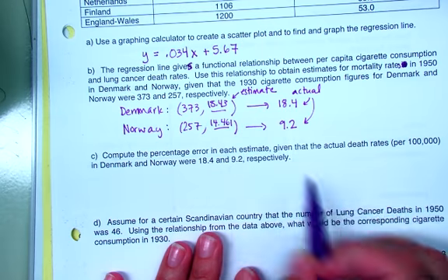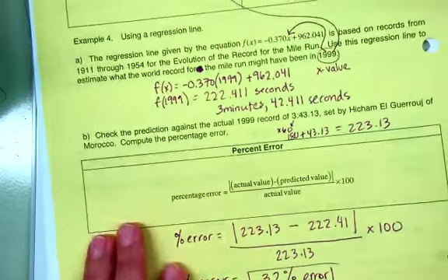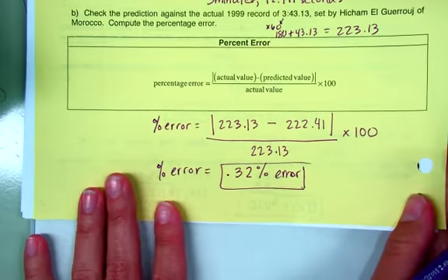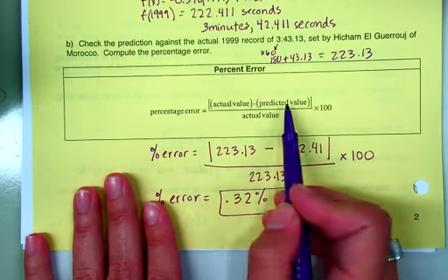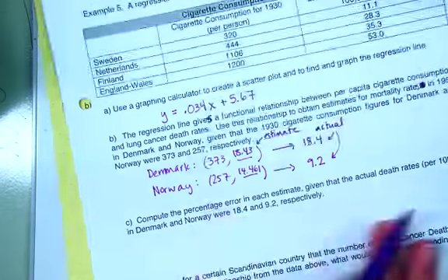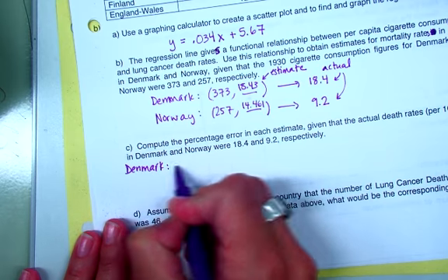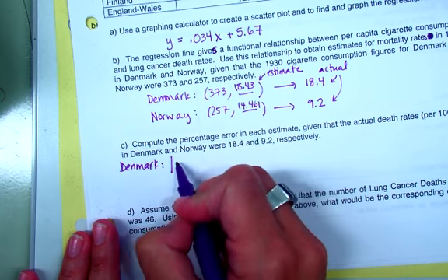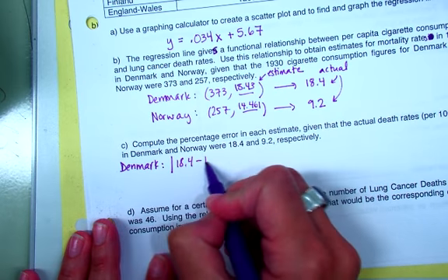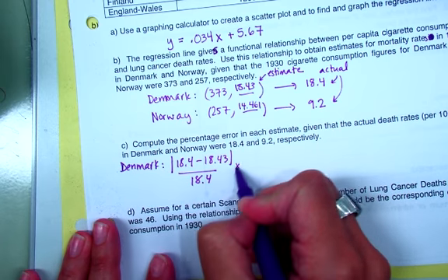So let's actually calculate that percentage error. Again, we're using the equation from the page before: actual minus predicted over actual times 100. So let's start with Denmark. Absolute value of the actual minus the predicted over the actual times 100.